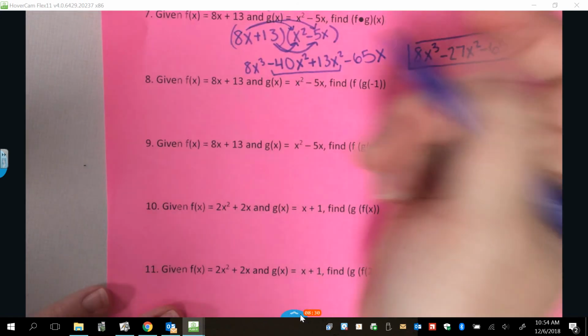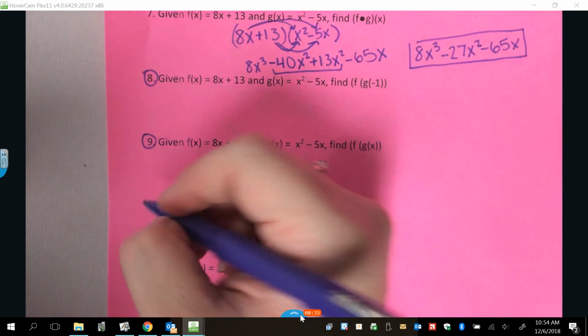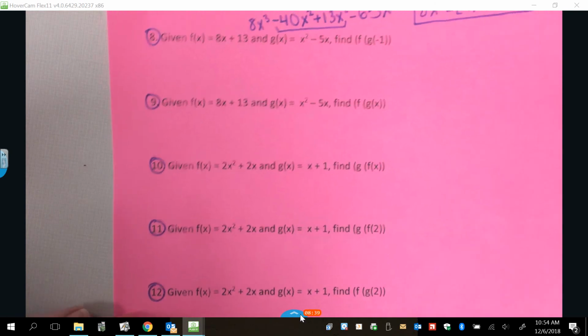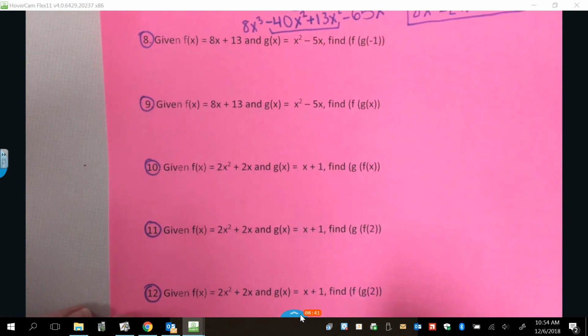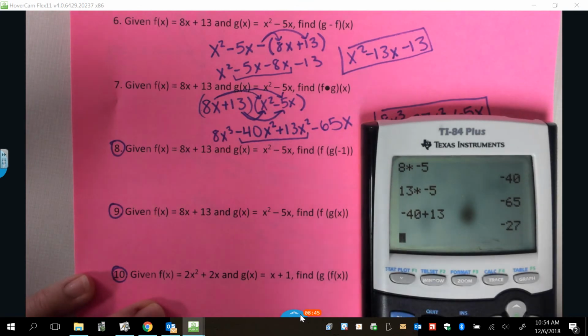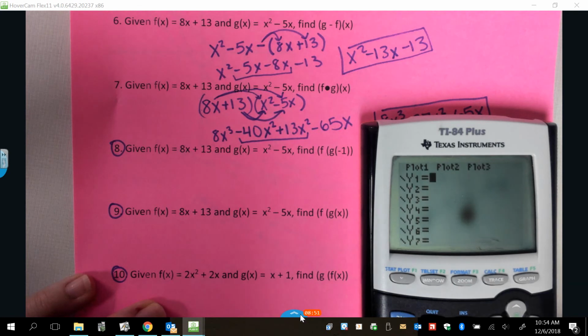Now, these 8, 9, 10, 11, and 12 will be on your test. Okay, so let's talk about these. So here, these two use the same equation, so let's plug those in. So 8x plus 13, and then x squared minus 5x.